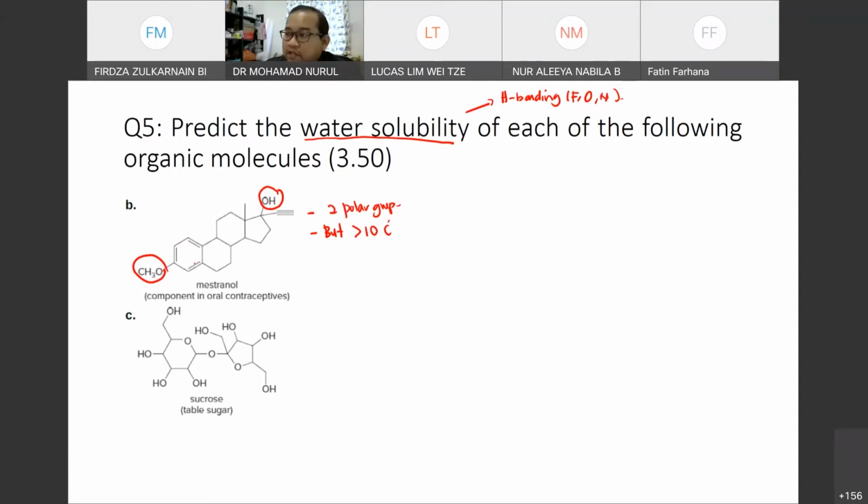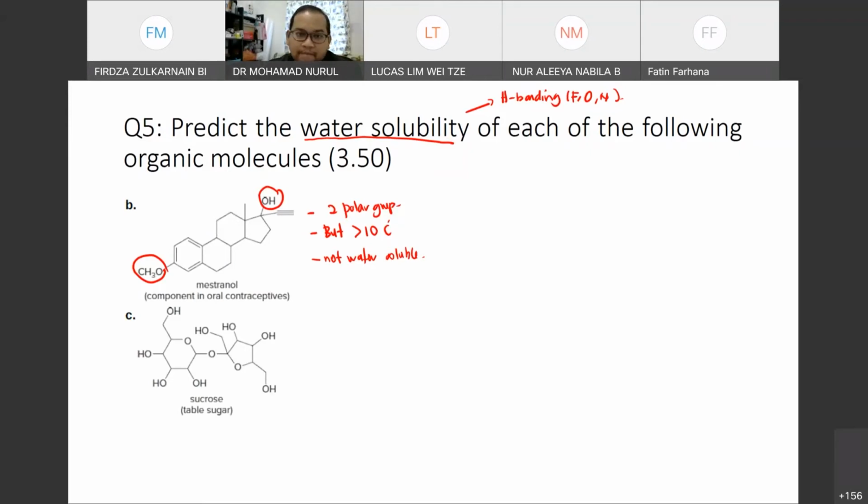It means it's not soluble in water. It's similar to cholesterol, right? Even though that particular compound has a small fragmented OH on the other side, the problem is that cholesterol also has more than 10 carbons, so that's why it's not soluble in water, but it's soluble in lipids.